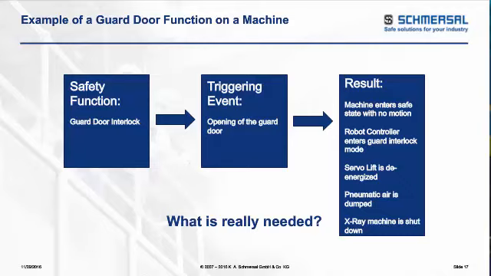So in detailing out what is needed, this is what you really need to look at to understand truly what the function is of the machine, so you know how to properly implement a solution to ensure you're protecting people from serious harm. It's easy to go back to that pictogram and say, hey, the robot is really where the hazard is.